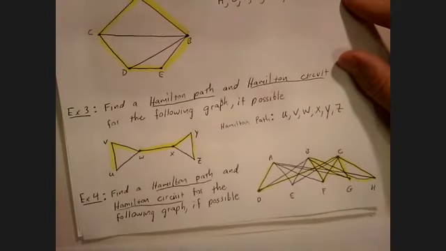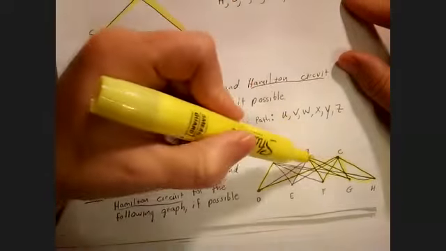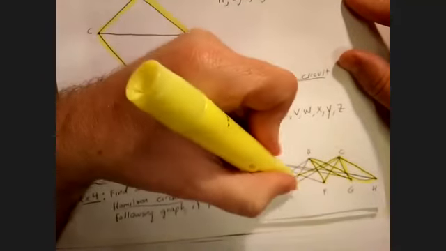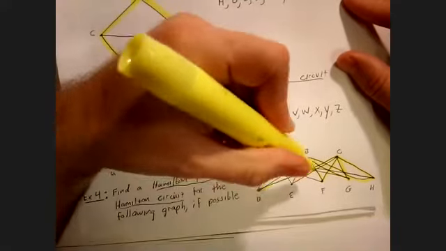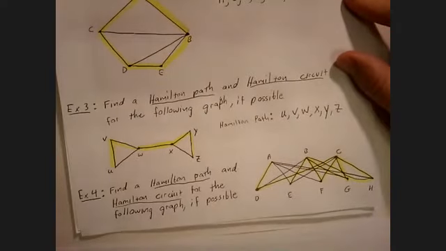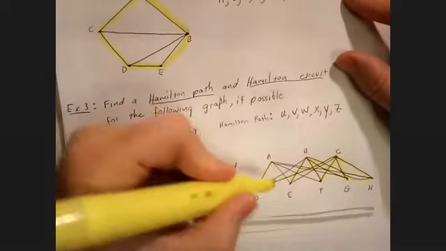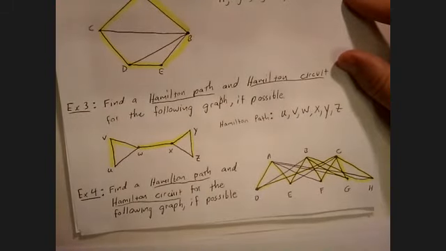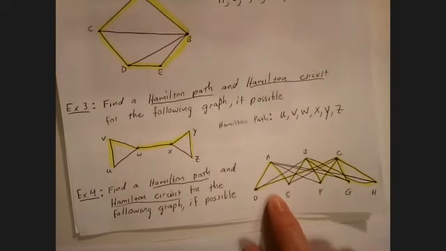Now from B, I could go to E. Is that it? I've already gone to H, I've already gone to G, I've already gone to F, I have to go to E. I guess I could go to D. And from E, I have to go to A or C. I've already gone to B. A. From A, I'm at a problem.